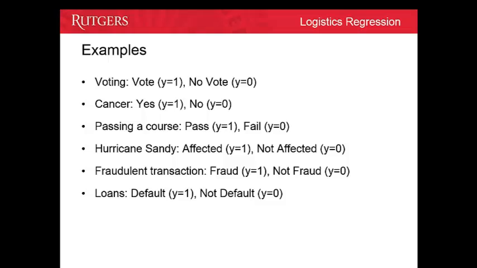If the patient does not have high cholesterol, y would take the value of 0. For fraudulent transactions, for example, y would be 1 in case of fraud, 0 otherwise. And again, we have many examples and scenarios where logistic regression models would fit correctly.